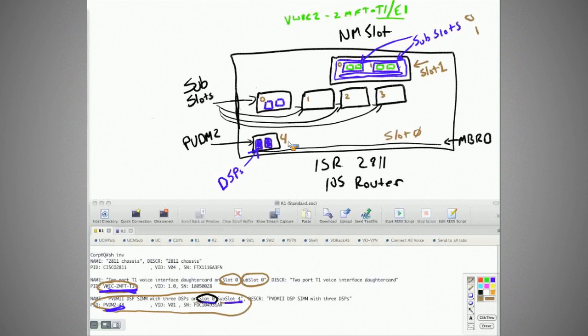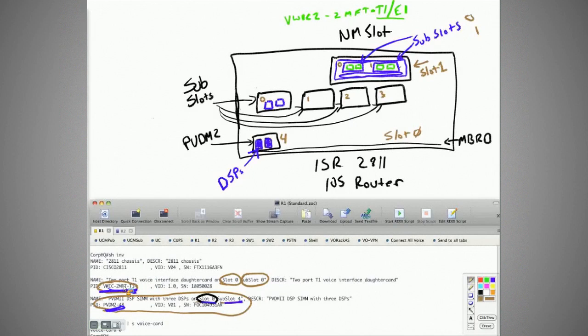Why? Well, first of all, when we configure voice cards, we only refer to the slot number. So if on our router here we were to do a show run pipe 2 section voice-card, we would see that we have voice-card 0. Note we do not have voice-card 0 subslot or voice-card 0/4.